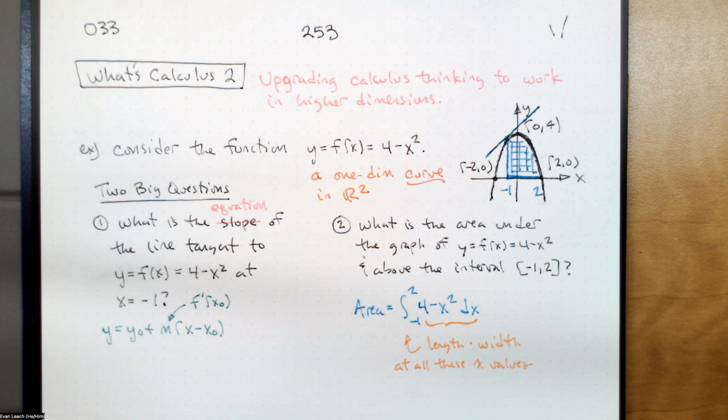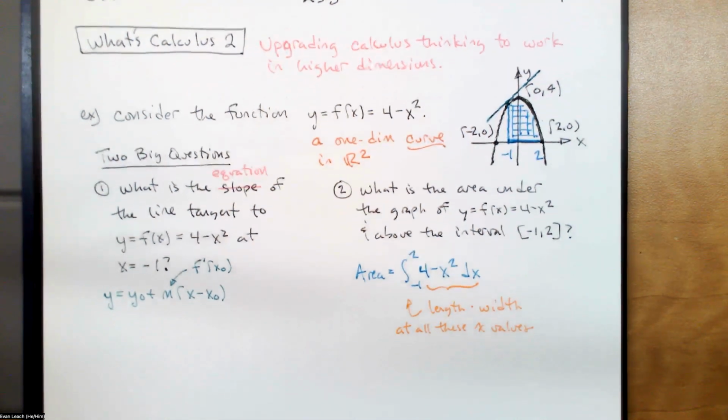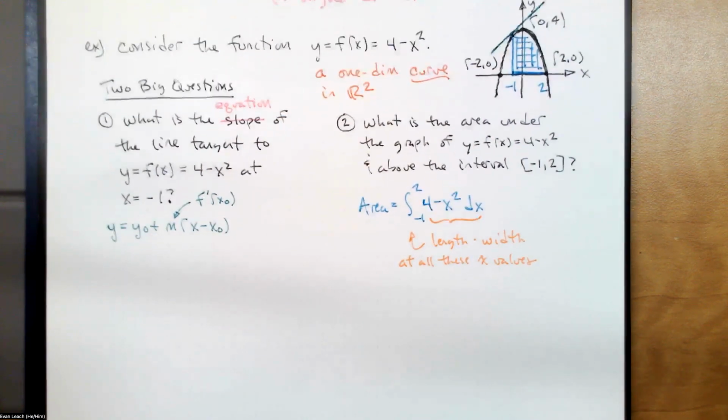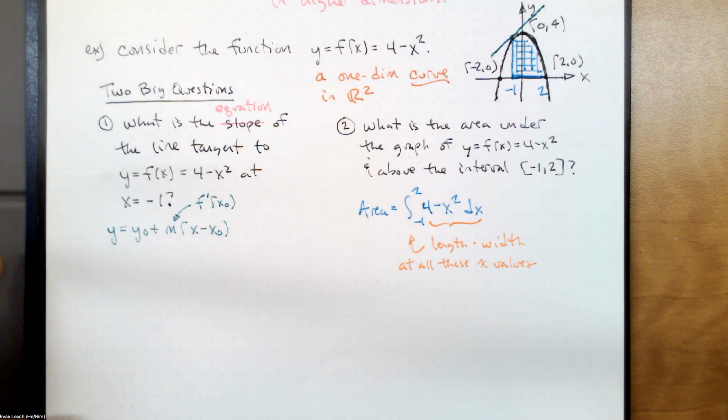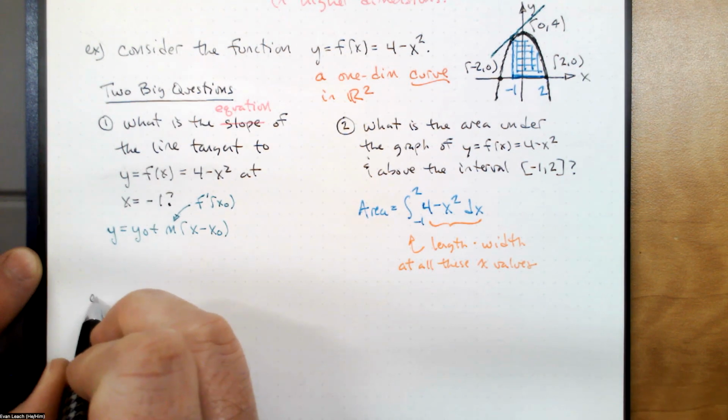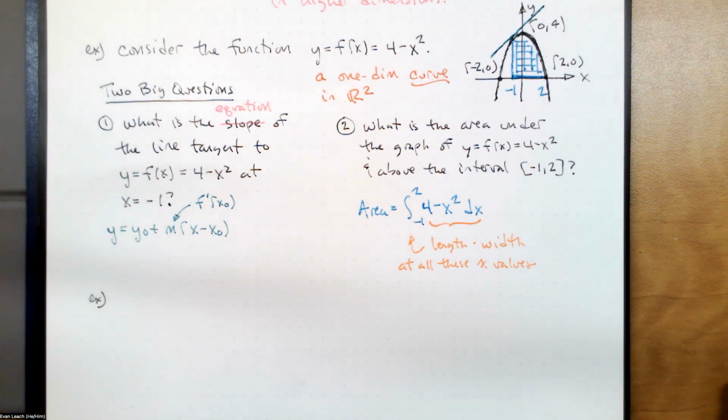Here's what we want to think about today. This is what y'all are going to be discussing today. We are going to do the same thing, but with one of our new objects.